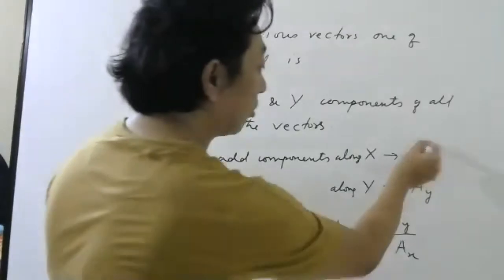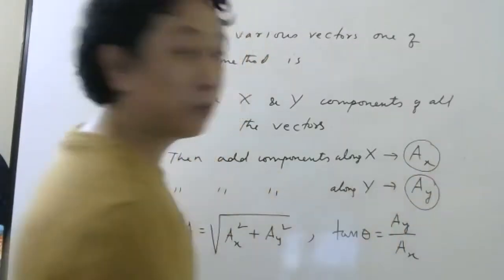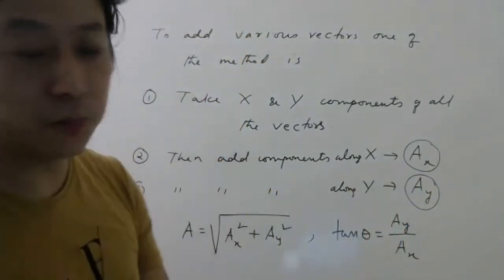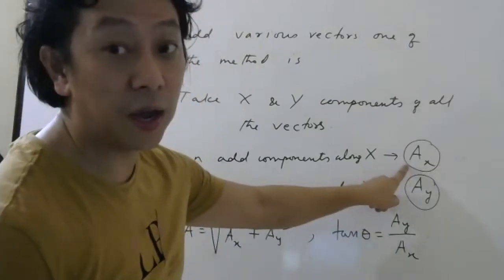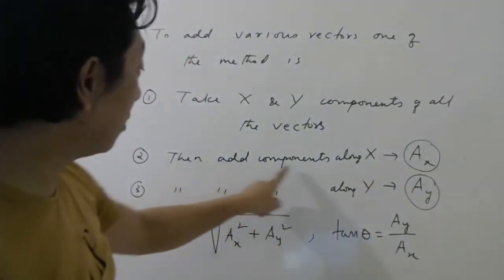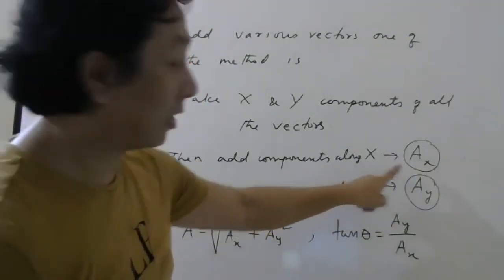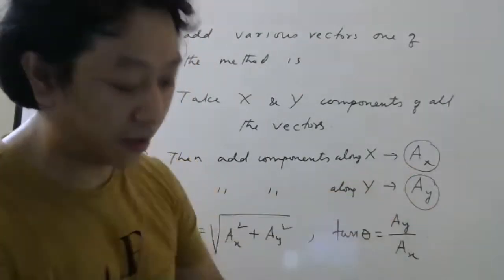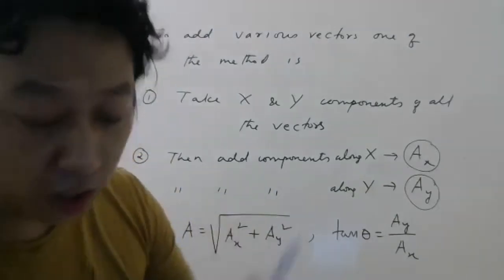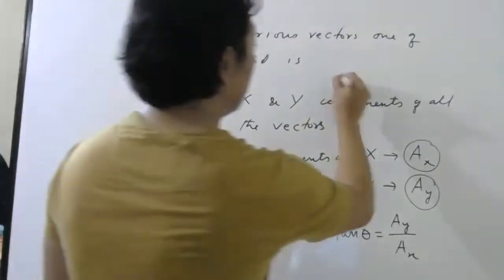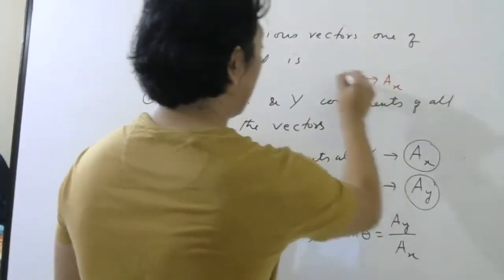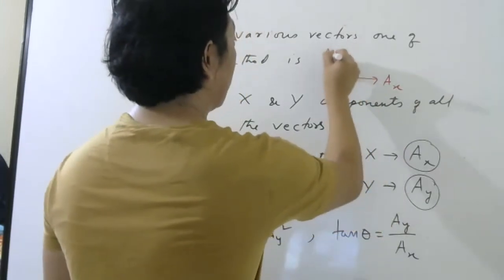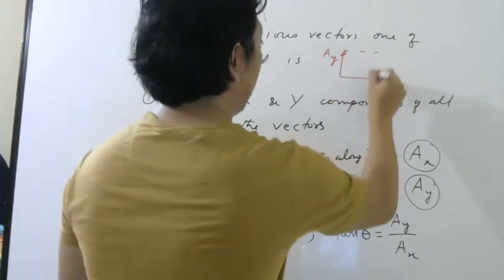Once you find the components. Components of what? Total x component. This is the total x component. Why? Because I told you to add components along x. That will be your total x component and this is your total y component. After adding all the vectors, I am saying this is the total x component and this is the total y component. Then how to find the actual vector?